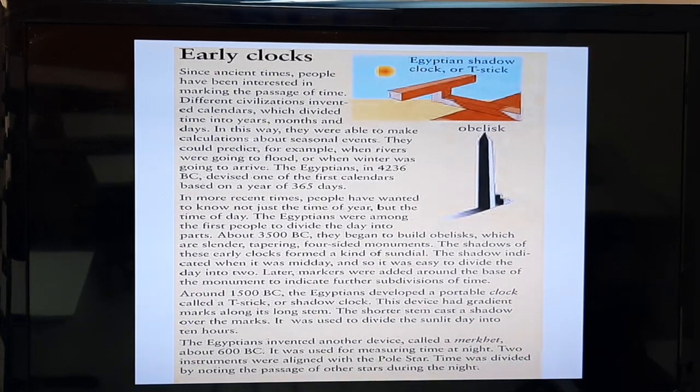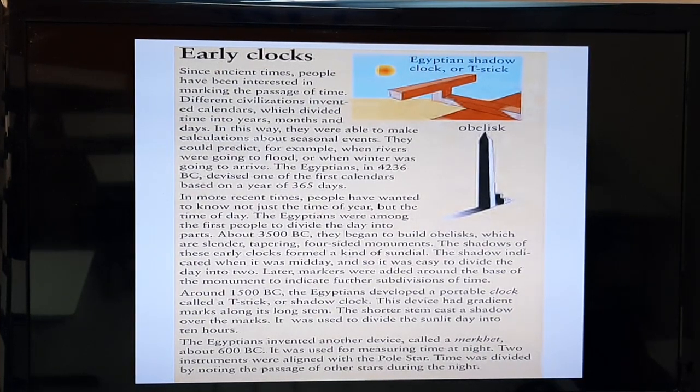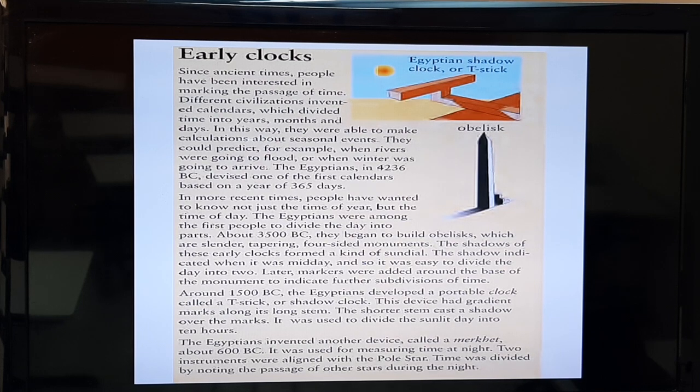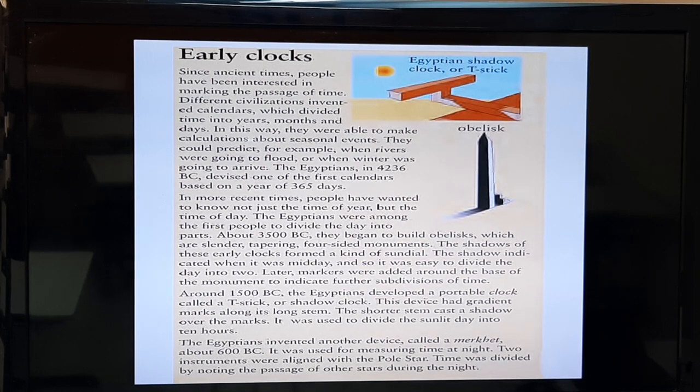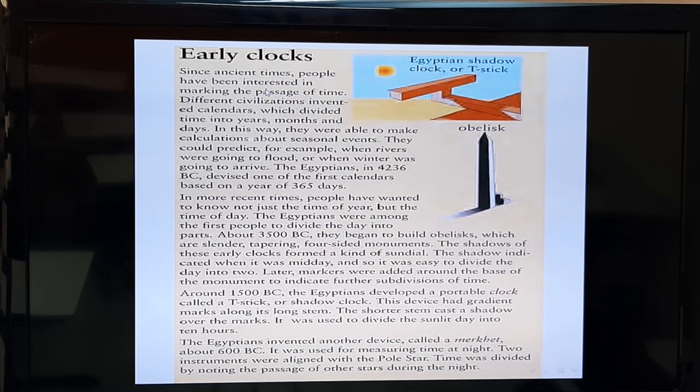Another thing in the same page 51, you have a text here that talks about early clocks. So you have some information here. Since ancient times, people have been interested in marking the passage of time.